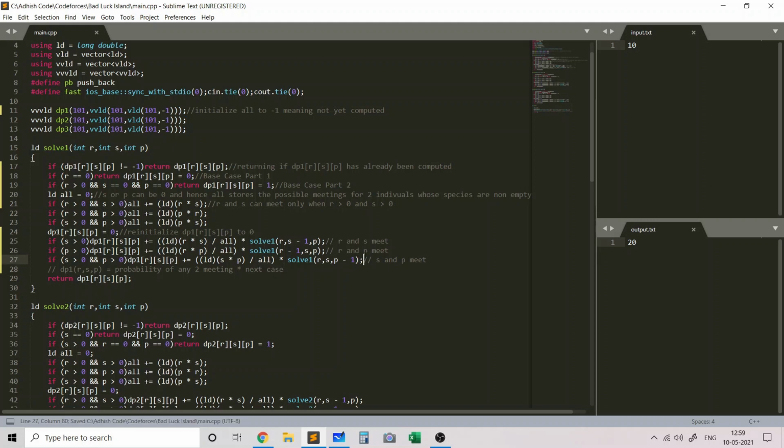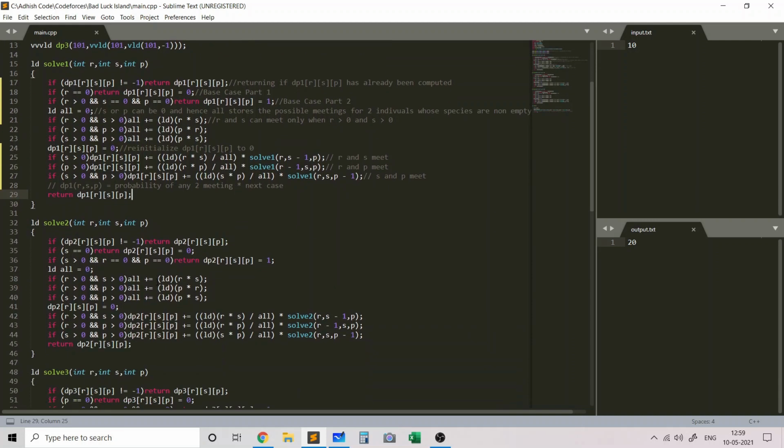In the third case, I'm saying the probability that s and p meet is s into p divided by all, and into the next case, which would be r, s and p minus 1. And in the final line of this code, I'm just returning dp1 rsp.